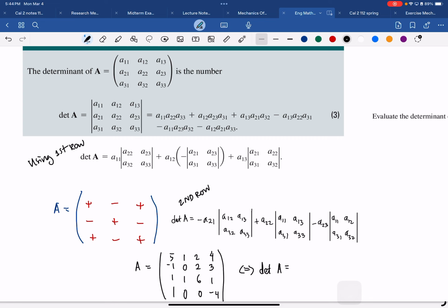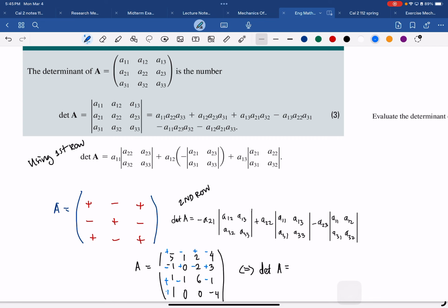Okay, so let me start. This is positive, negative, positive, negative, positive, negative. I use different colors so you know that this is not the sign of the number. Oh, wait, this should start with negative, positive, negative, positive.